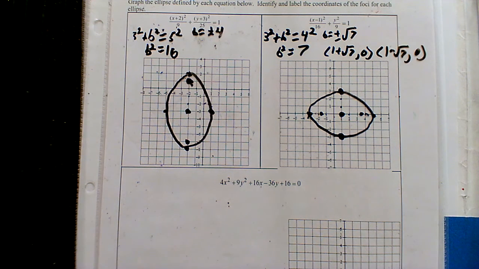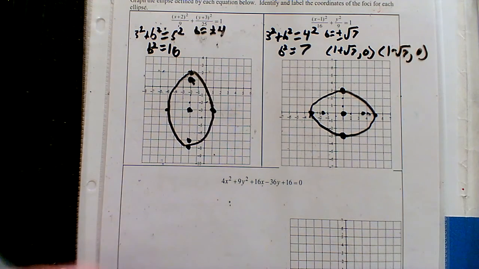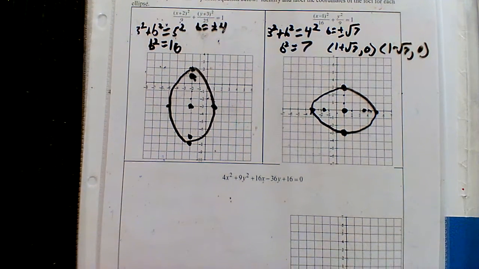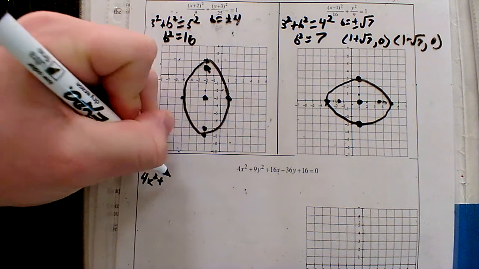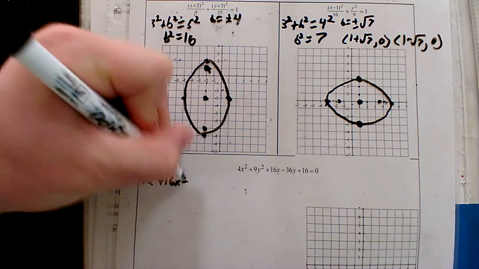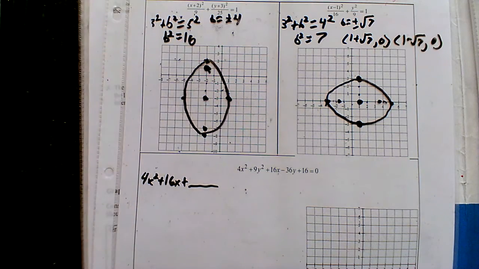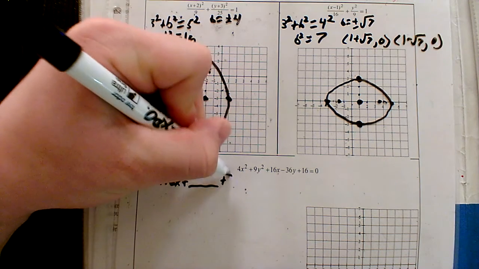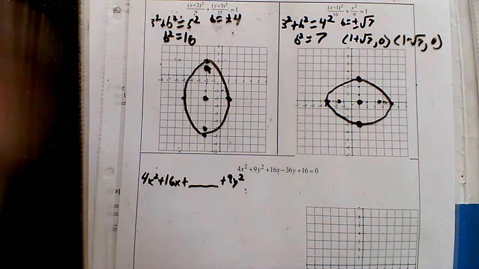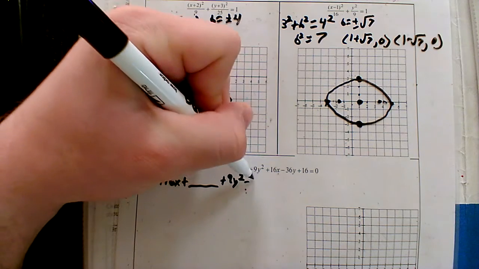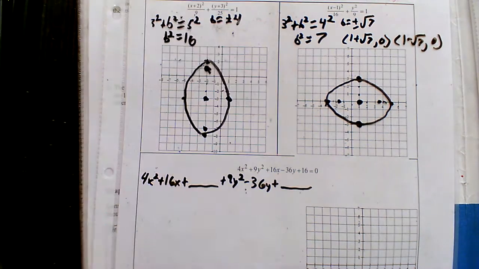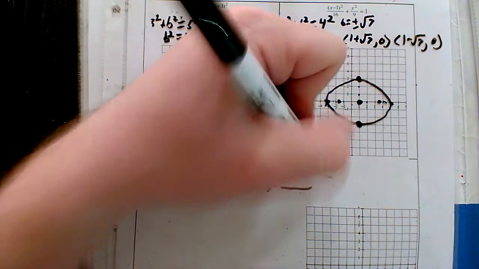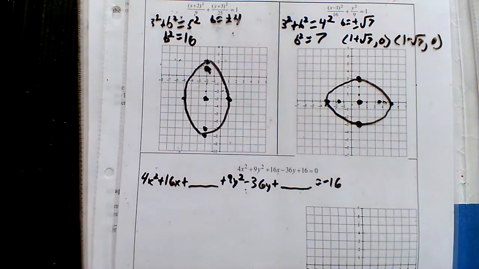Very good. So that's what we're going to do with this problem because we want to get the equation to look like the equation of an ellipse that we can graph. So we're going to have the 4x squared plus 16x plus blank, where we'll complete the square, plus 9y squared minus 36y plus a blank, where we'll complete the square, and that value of 16 you have to subtract to the other side.